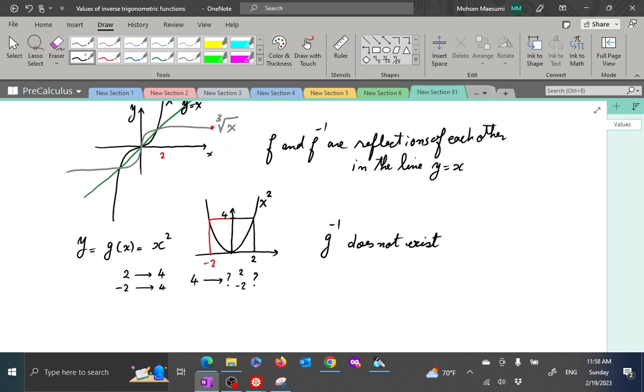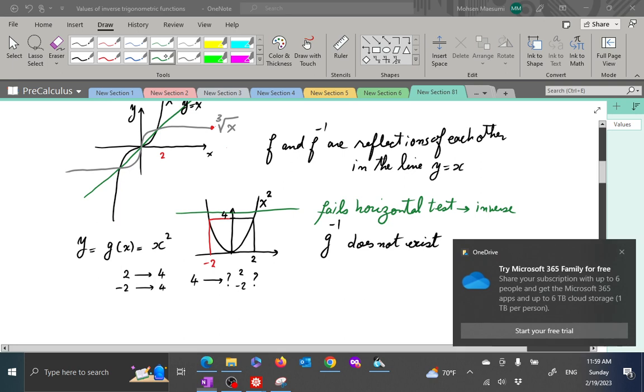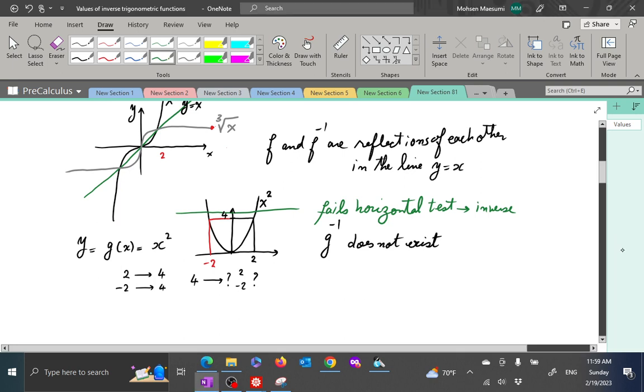Starting from 4, I want to go back somewhere, and this one says I cannot do it. Why can't I do it? Because I failed the horizontal line test. Any graph that fails the horizontal line test becomes an issue: the inverse does not exist.